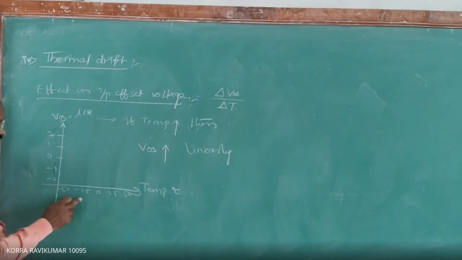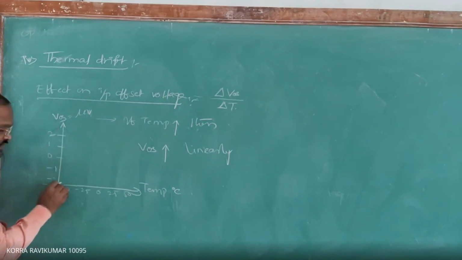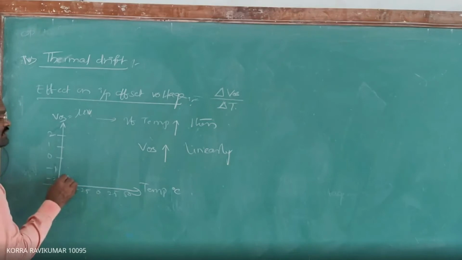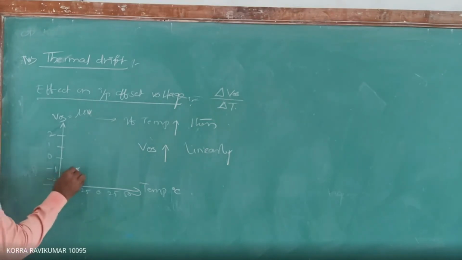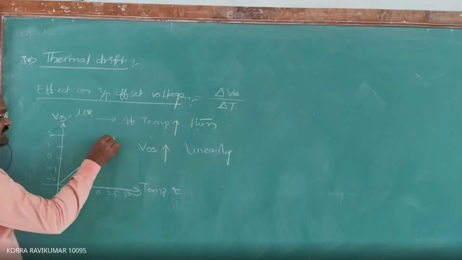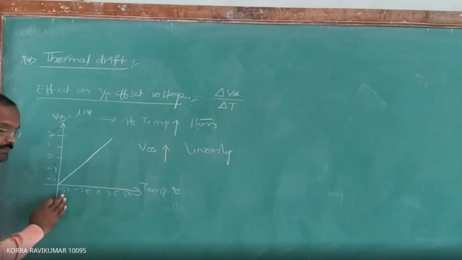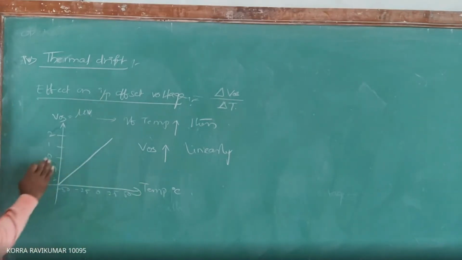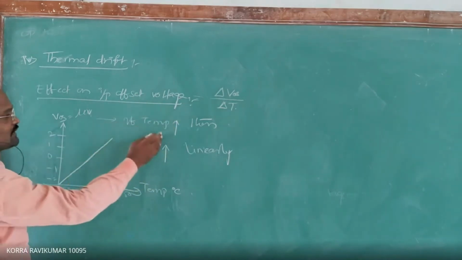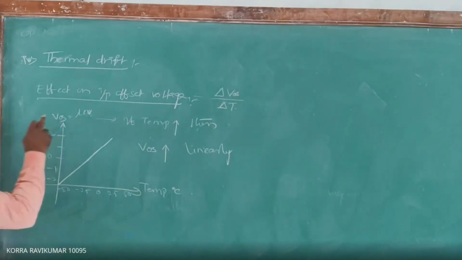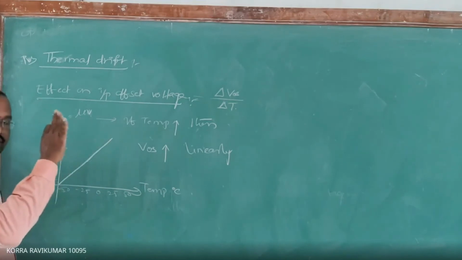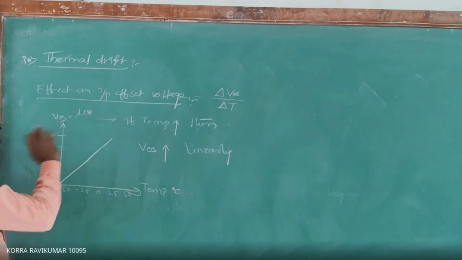If temperature increases, voltage also increases gradually. If temperature further increases, voltage also increases linearly, like this. If there is an increase in temperature from the negative side to the positive side, then the offset voltage increases from the negative side to the positive side. So I can conclude that for a given change in temperature, the voltage changes by a proportional amount.